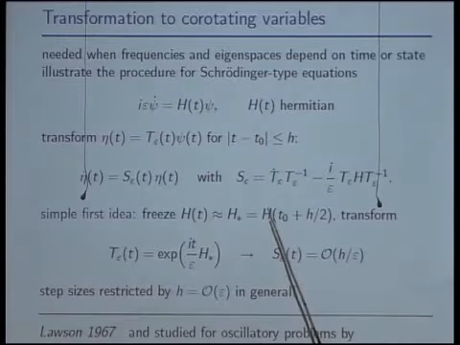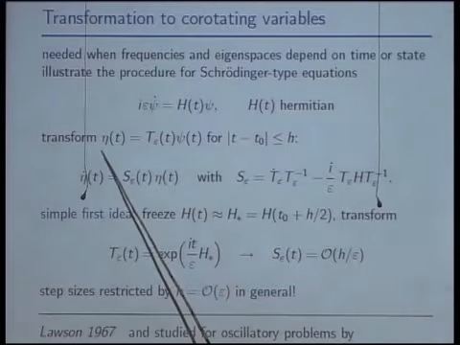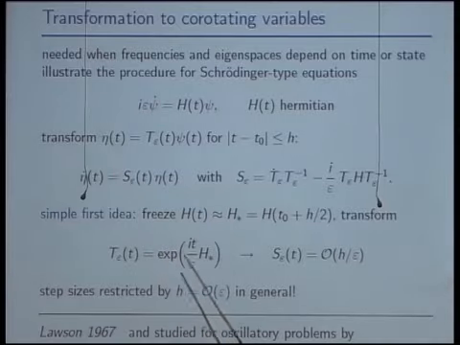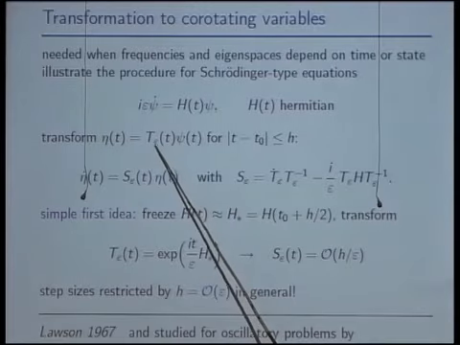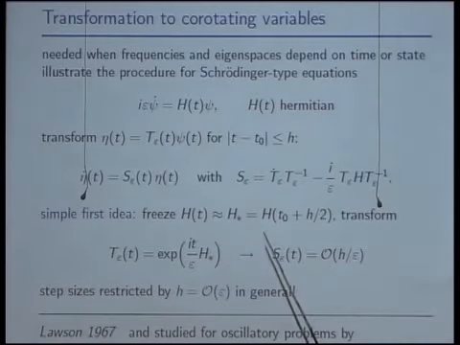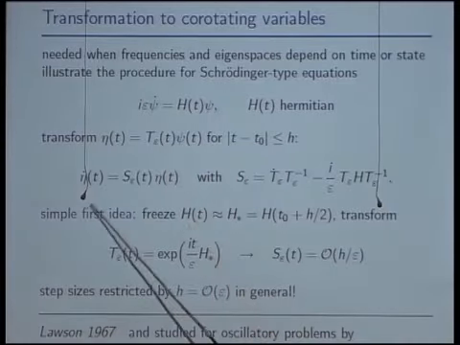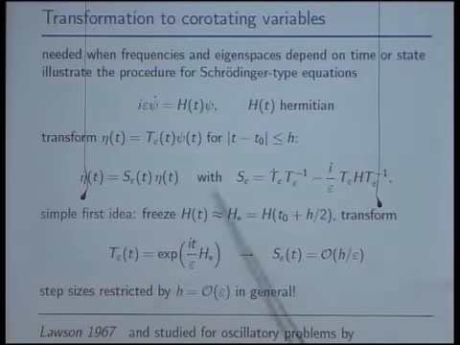So the idea is to take a transformation from the original variables psi to new variables which are denoted by eta by some suitably chosen transformation matrix T, which may be time dependent. And if I insert this into the equation, then I just get the differential equation for eta with a matrix S, which takes this form.